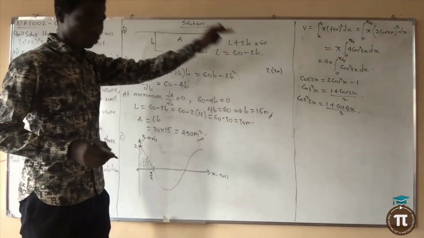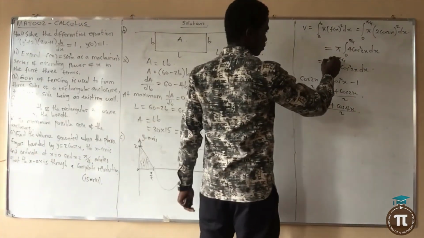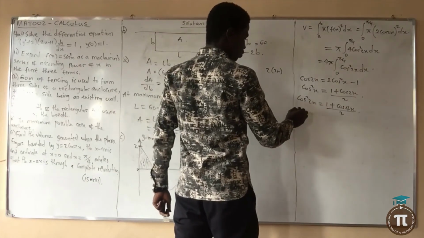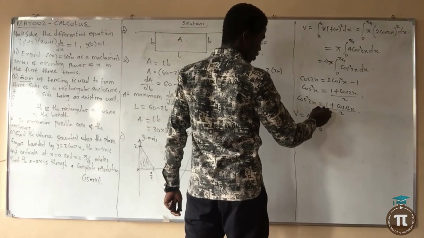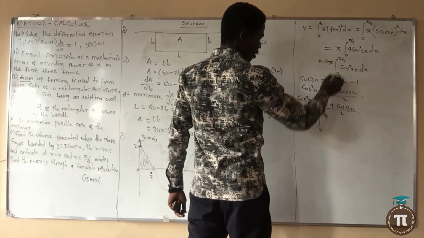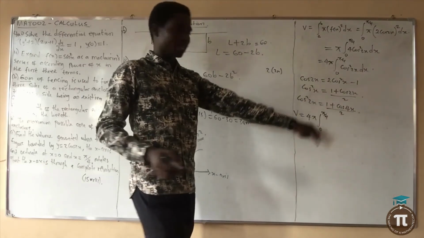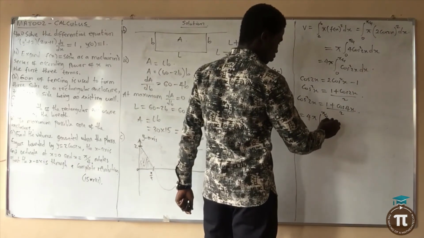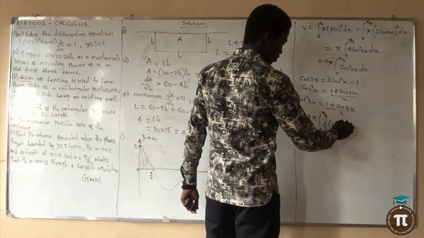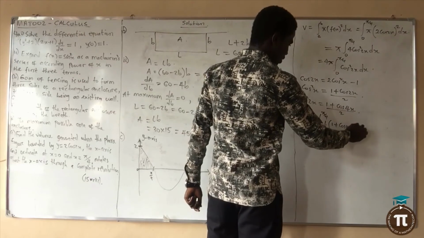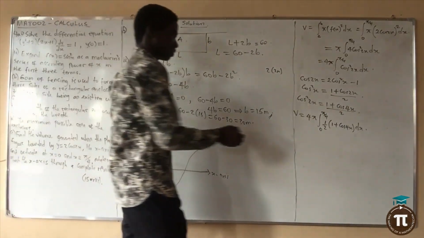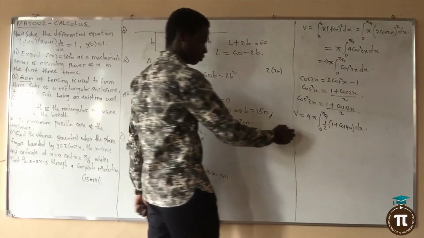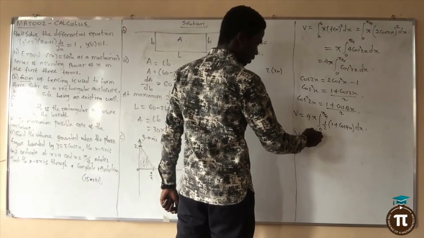So the volume will be equal to 4 pi integral from 0 to pi over 4, then cos squared 2x is equal to 1 over 2 times 1 plus cos 4x dx. To finish, the 1 over 2 will come out to become 2 pi.